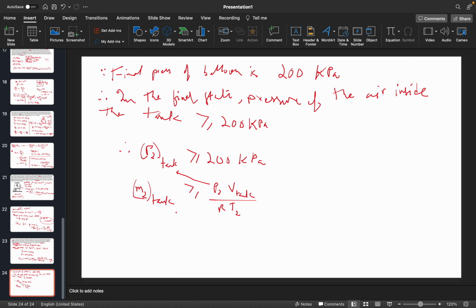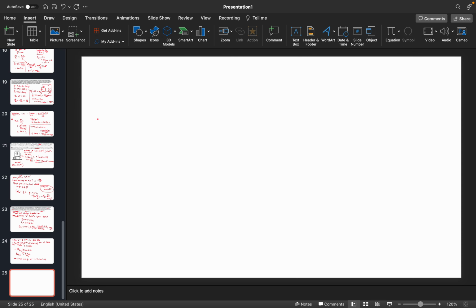Now I am assuming my initial mass of air inside the tank is m1. Now can I write m1 is equal to m2 of balloon, because it is filling the balloon, and at the same time m2 of the tank.